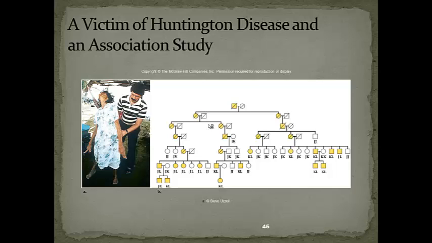In this case, we are looking at 3 DNA markers labeled J, K, and L, and with the exception of 1 person in generation 6, that's one up from the bottom, everybody who got marker L has Huntington's disease. That's what we're looking at in this particular pedigree. So the idea is these markers, they're faster, easier, and cheaper to test for than the actual disease-causing allele. So, there's hope there.